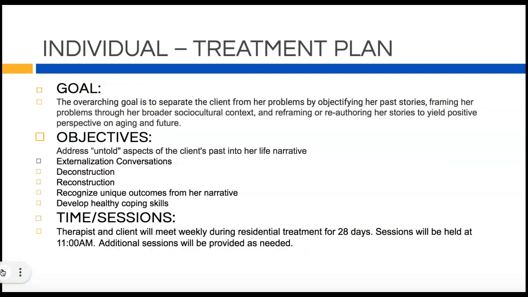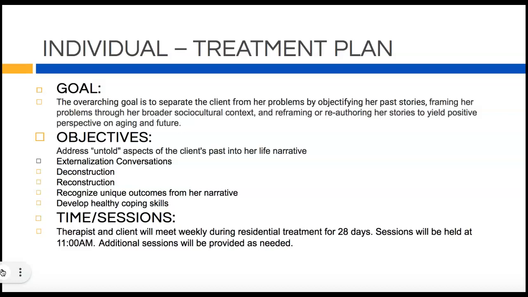The overarching goal is to separate the client from her problems by objectifying her past stories, framing her problems through the broader social context, as we mentioned before, reframing or reauthoring her stories to yield positive perspectives on aging as well as the future.